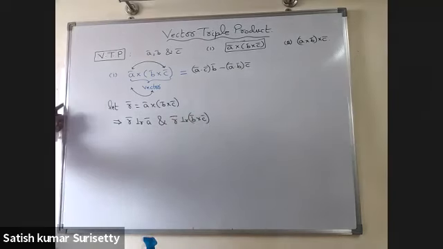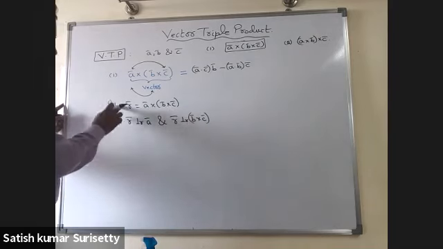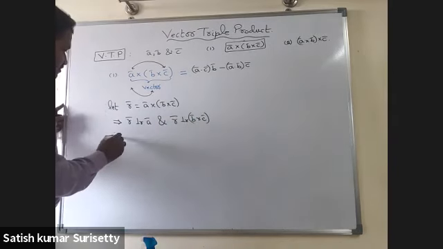That is, the cross product of two vectors is always perpendicular to each of the vectors.